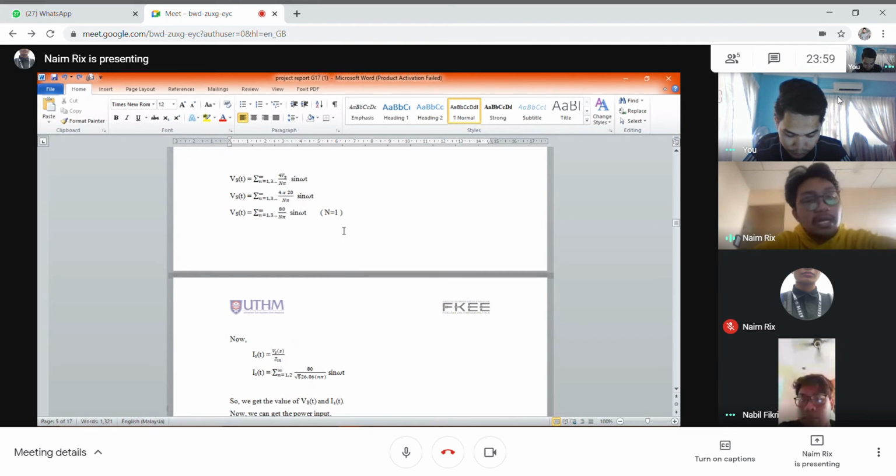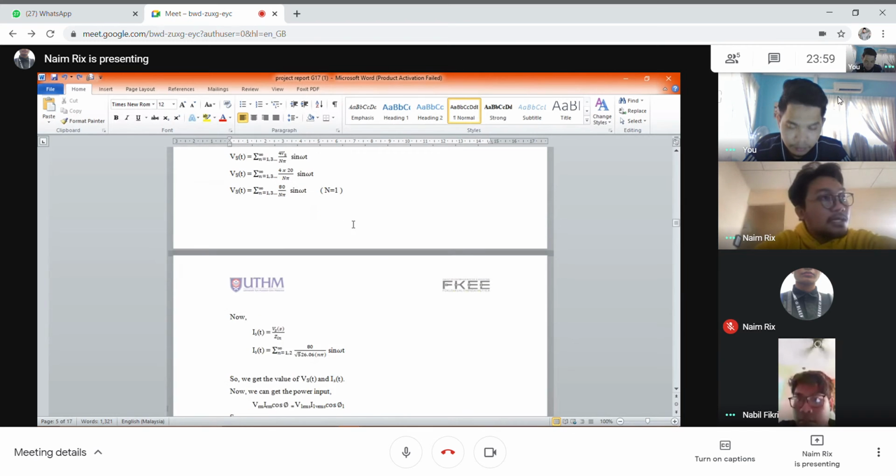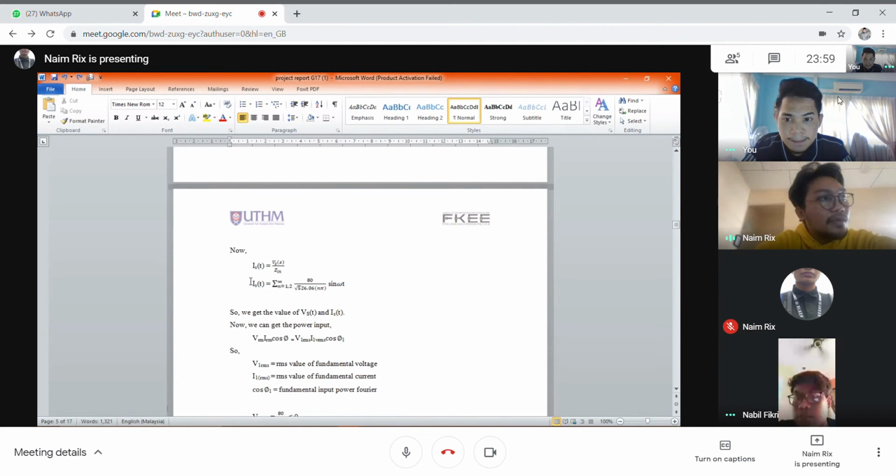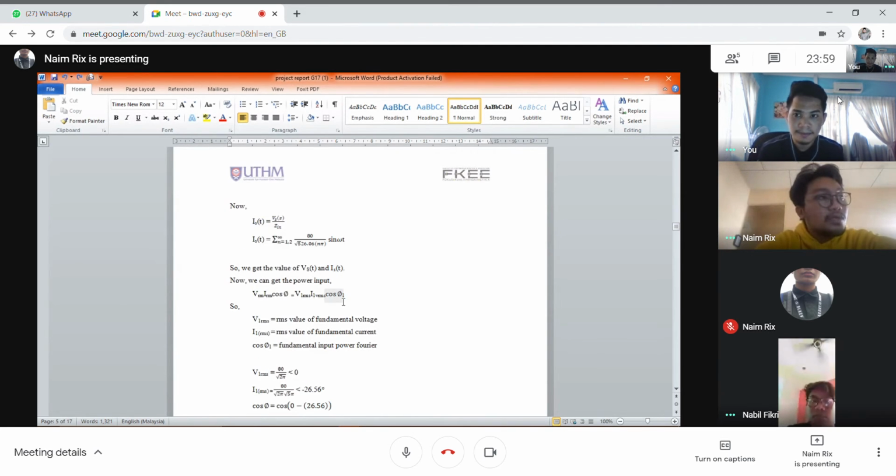For the N, we assume it is 1. So we get the final answer for Is is equal to 18 over square root 5 multiplied by sin omega t with the angle 26.06 in the bracket. So we get the value of Vs and the Is.